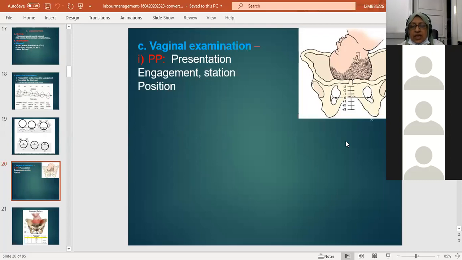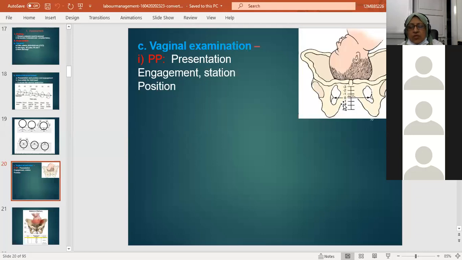So the landmark is the ischial spine. When the head is at the ischial spine, we call it the 0 station. All the portion of the head which is above the ischial spine is in the minus, while the portion of the head which comes downward is in the plus. So if the whole head is above the ischial spine, we call it a -3 station.